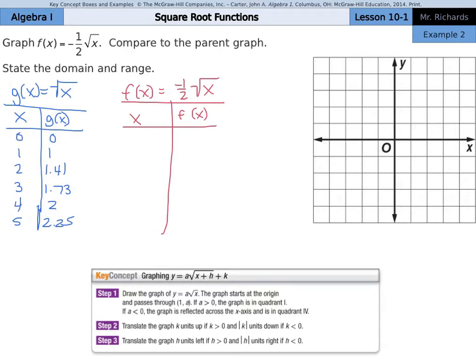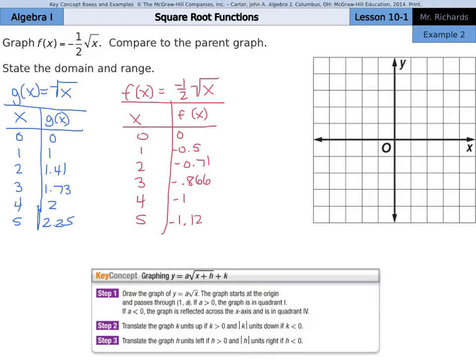And when we put in the same 0, 1, 2, 3, 4, and 5, our results here: 0, negative 1/2, negative 0.71, negative 0.866, negative 1, and negative 1.12.